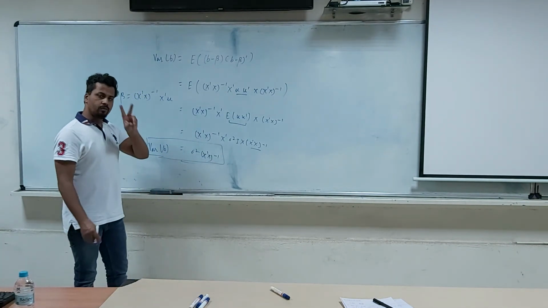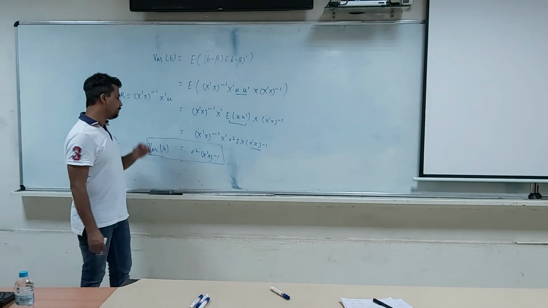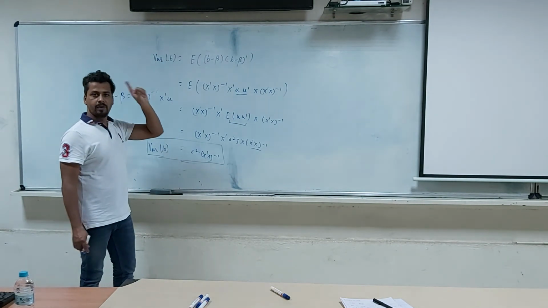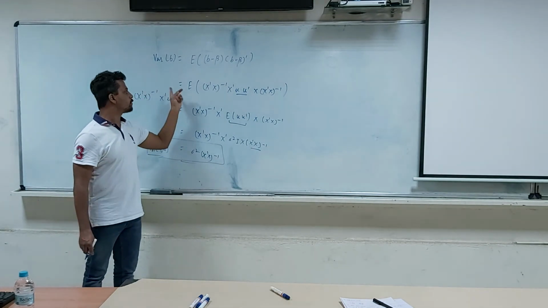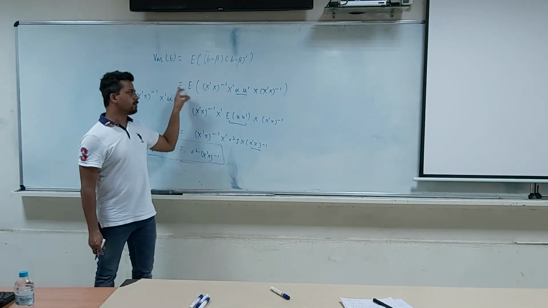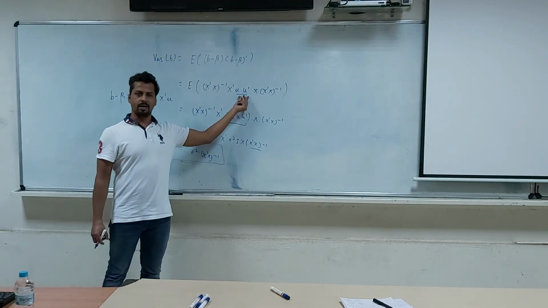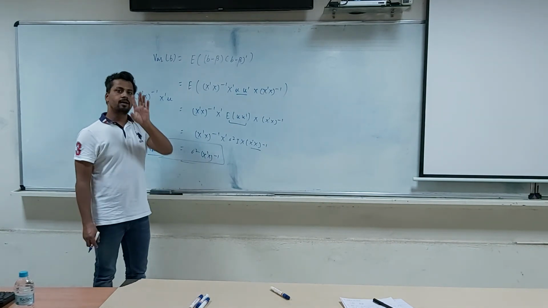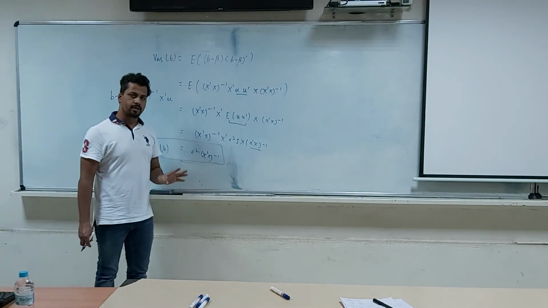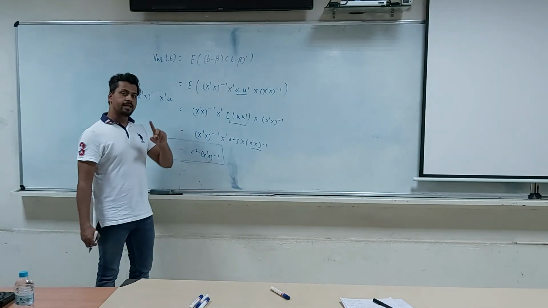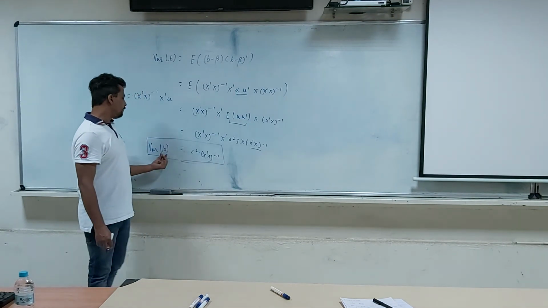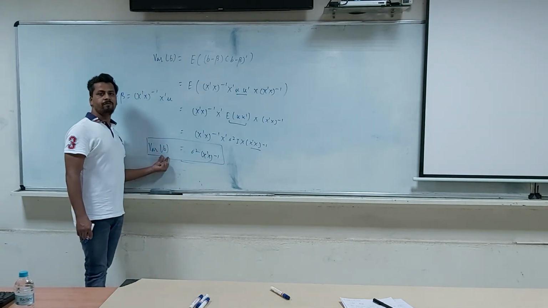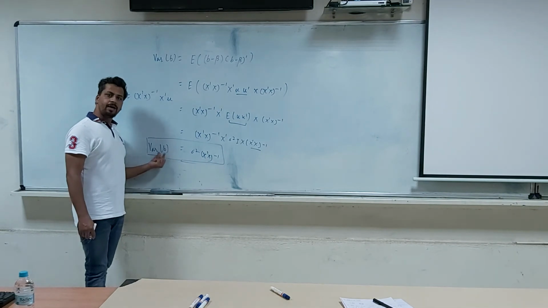Okay? But two things should always remain clear in your mind. First, the assumption of x being non-stochastic is working over here. That's why you are able to take this expectation only over the random variable part. And the second thing is the spherical disturbance assumption of the error term. You should understand that if there is any violation of the spherical disturbance assumption, it will have a direct implication on the variance of B. Variance of B means the variability of the OLS or least square estimators that we get.